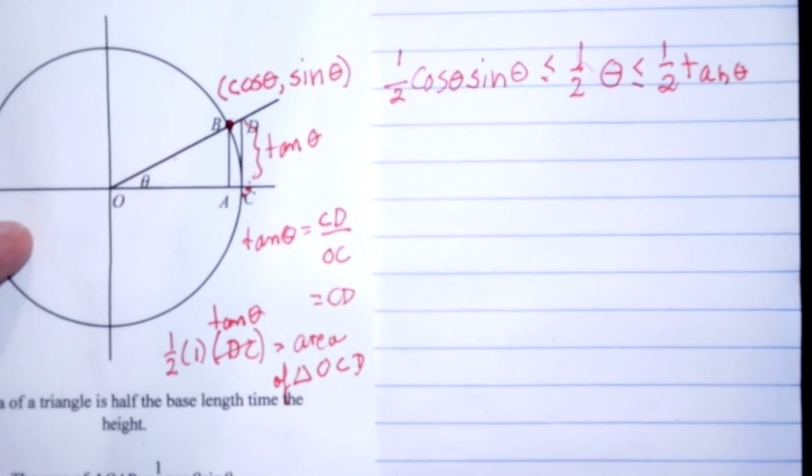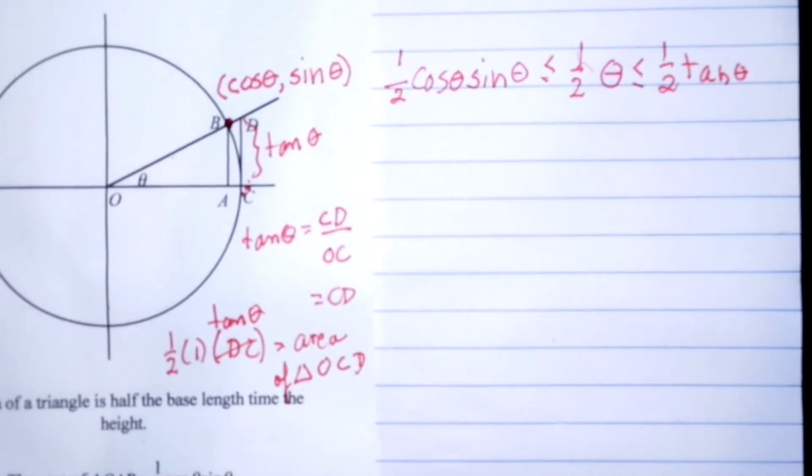And the area of triangle OCD is bigger than the area of that circular sector, so we get this 3-part inequality. 1/2 cosine theta sine theta is less than or equal to 1/2 theta, is less than or equal to 1/2 tangent theta.